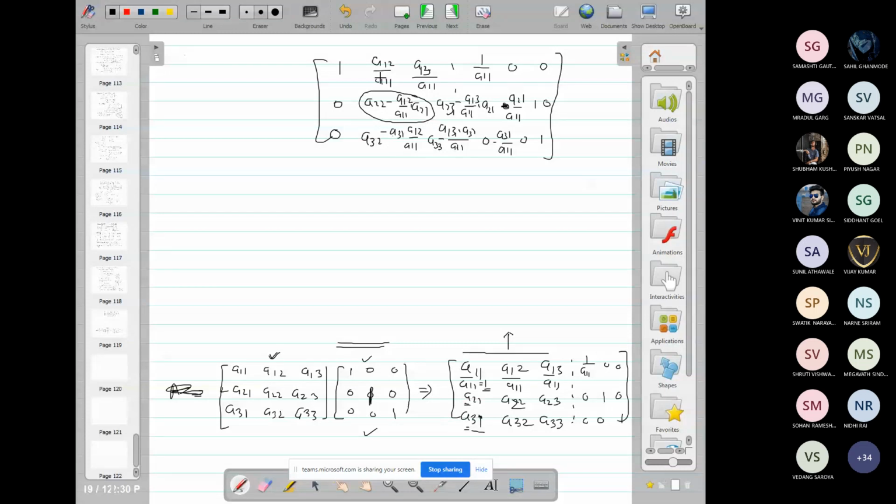This becomes 0, and again multiplying this by this element and subtracting, this becomes 0. So finally it is converted into 1 0 0, 0 1 0 and 0 0 1 in the third step, and then here it becomes a non-zero matrix. So then this becomes A inverse. Here the portion this becomes A inverse, and this is identity.